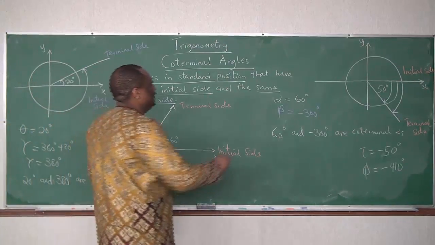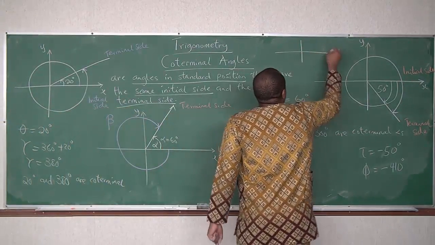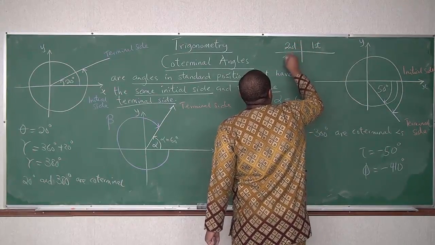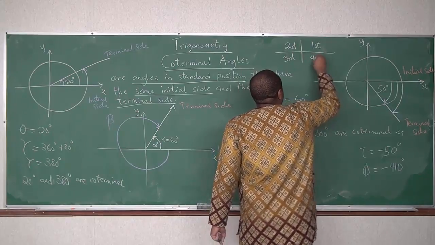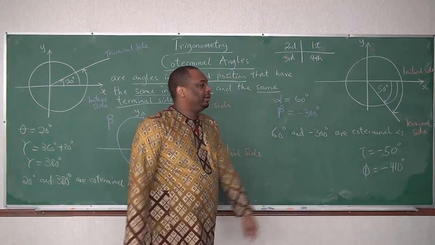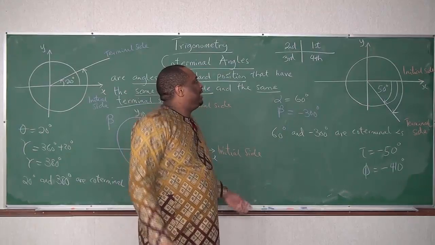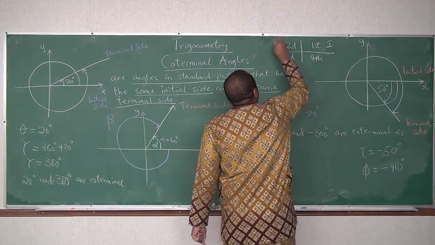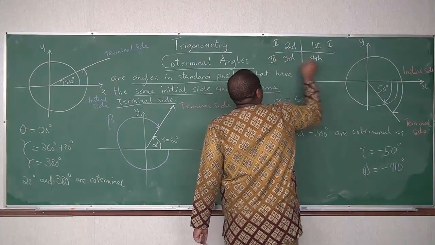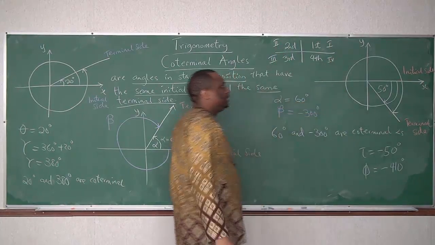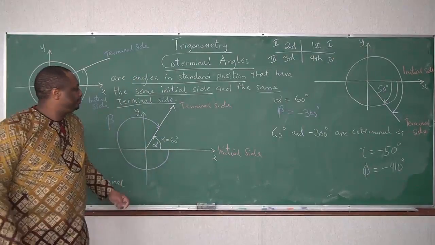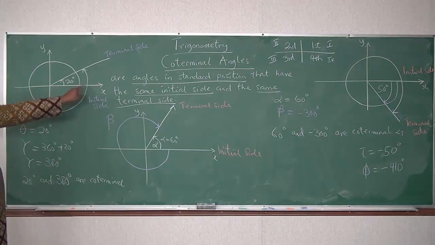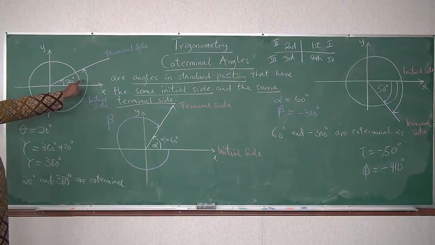Remember, we said it like this: first, second, third, fourth. You can write it in normal numbers, or some textbooks will write it in Roman numerals, I through IV. It doesn't matter. So, you look at this now, and they are still in the first quadrant.